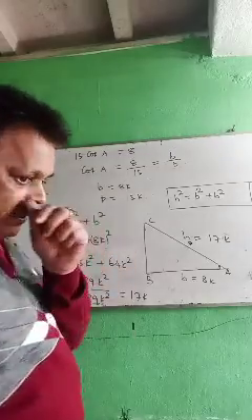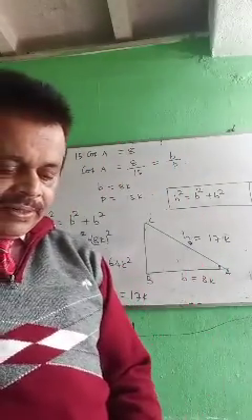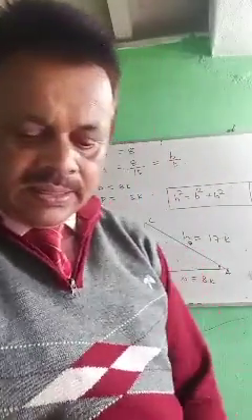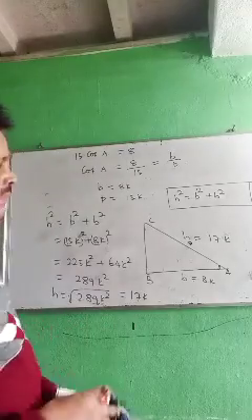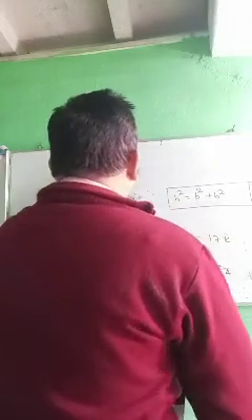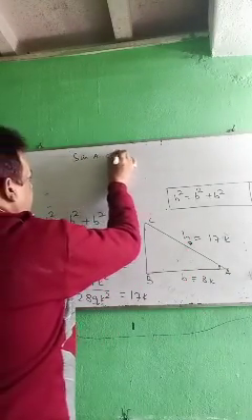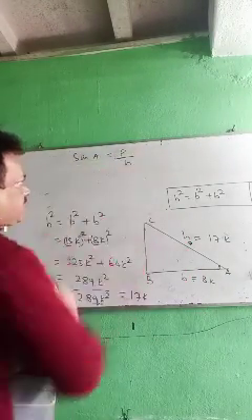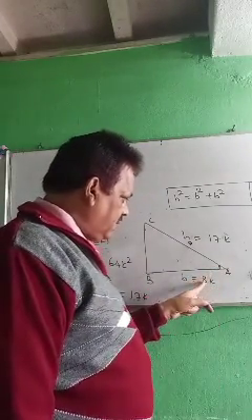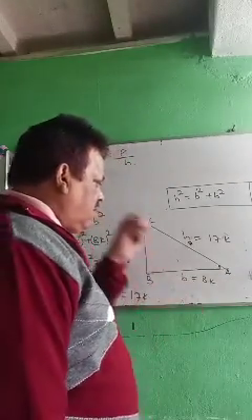Okay, now what do you want to find out? What is our question? You want to find sin A and sec A. Sin A equals P by H. Now come back to the formula. Once you take the angle, this is your base, opposite is perpendicular, this is hypotenuse.